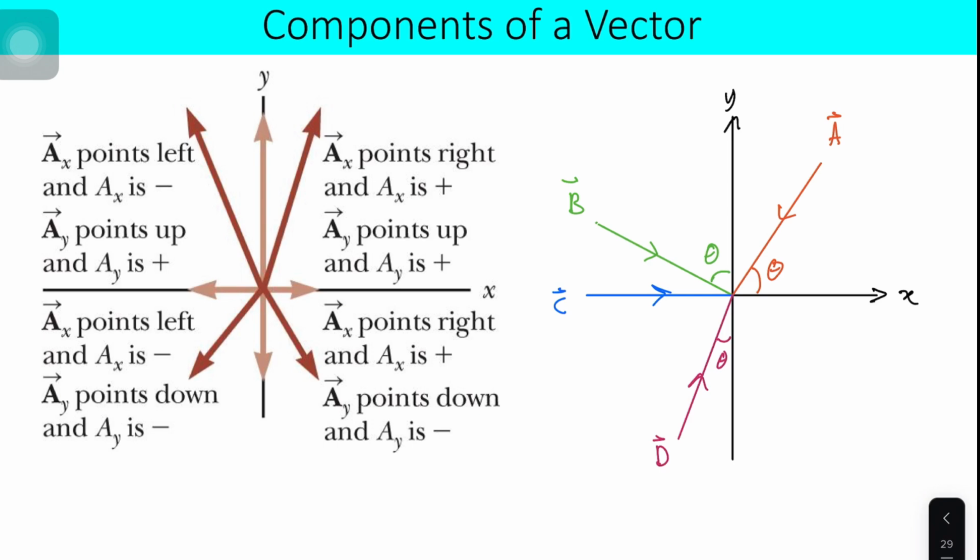For this case, we have to consider the shadow of it, the component of it. Let's take a look at vector A. This is AY, and here will be the AX, the shadow of it, the component of it.